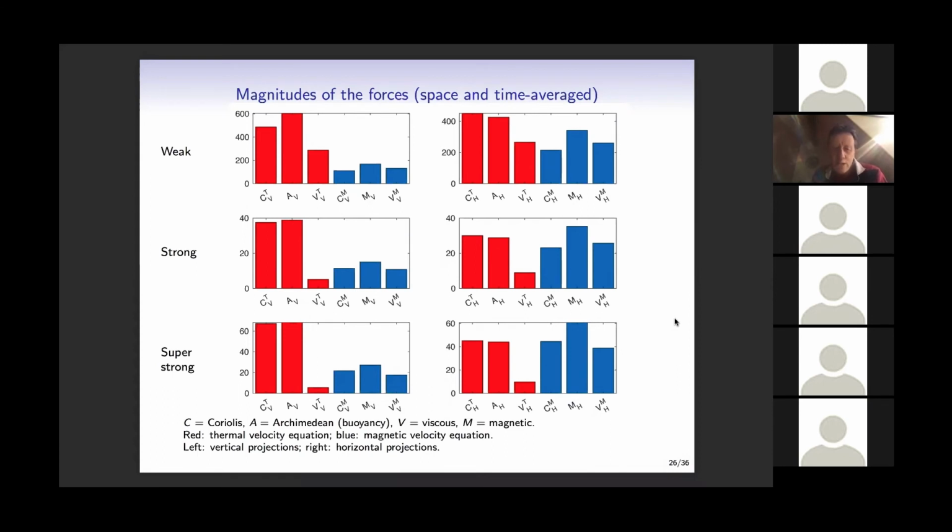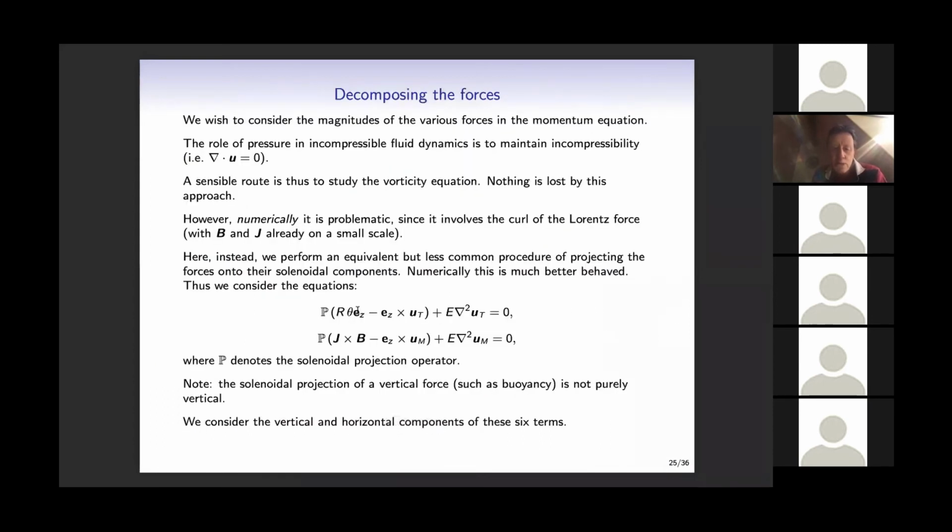So what am I doing here? I'm looking at these two equations. Remember, this is our thermal equation. This is our magnetic velocity equation. Okay, we project them out. So there's 3 terms in each equation, but the vertical and the horizontal are worth looking at differently. So there's 12 terms to look at.